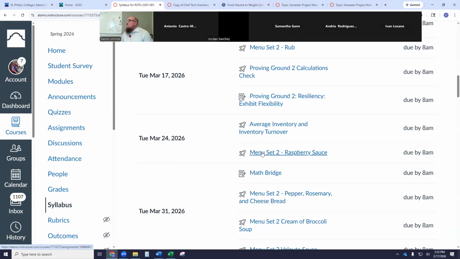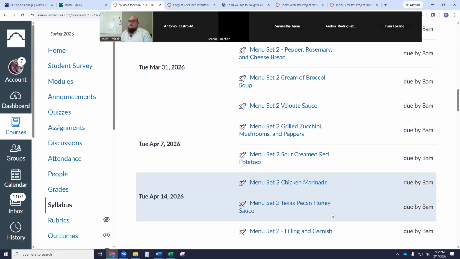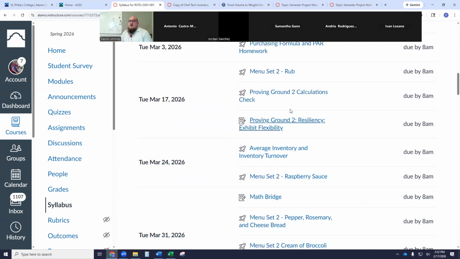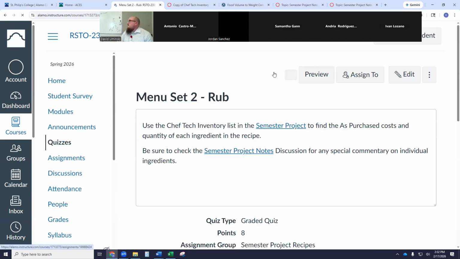It does not go in order of the menu. So if you want to work ahead, you're more than welcome to, but I would check your syllabus to see which recipe is due next, so that way you don't get behind on those recipes. We're going to use this one as an example on Thursday.